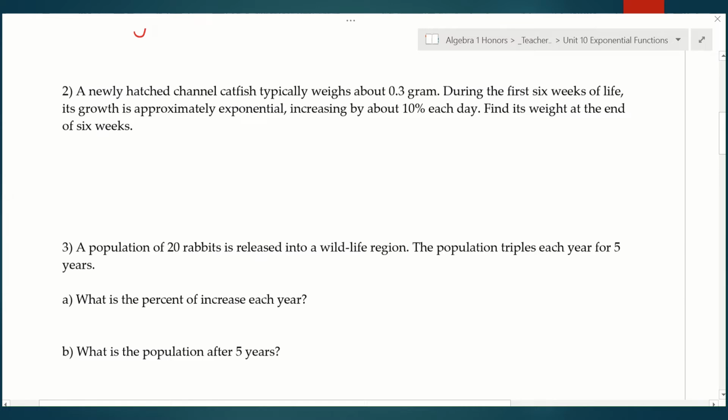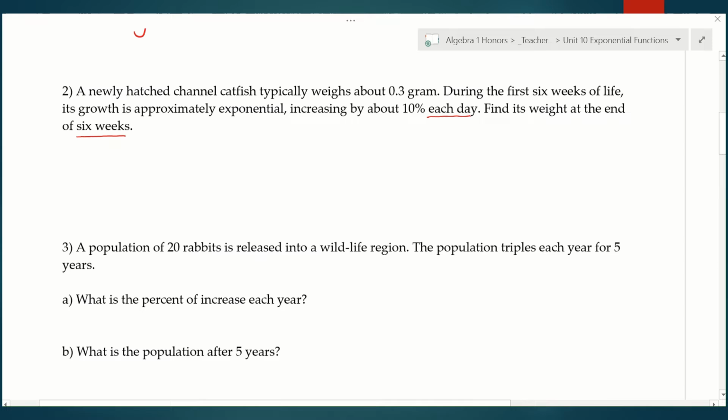Okay, so this is interesting. We're being told that it is increasing its weight by about 10% each day. So when I need to find how much it weighs at the end of 6 weeks, I have to do a little work here, because I have 2 different units of time. 6 weeks should really be converted into days since my growth is going by days.